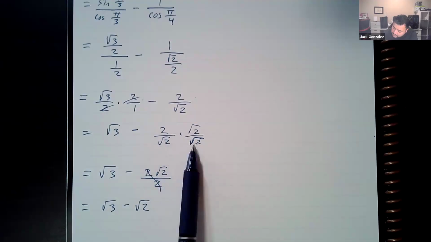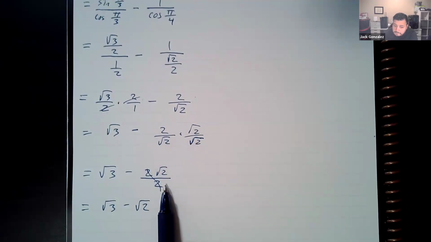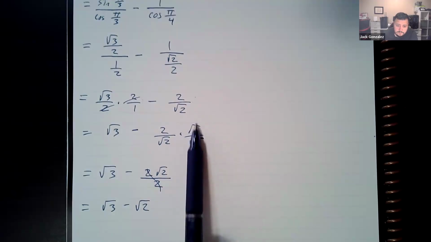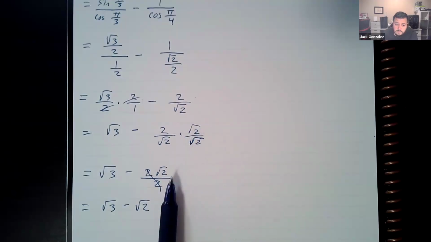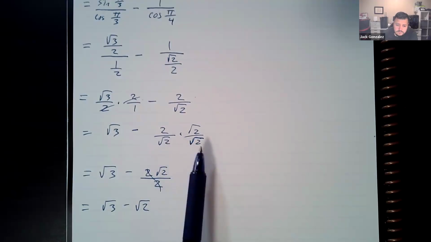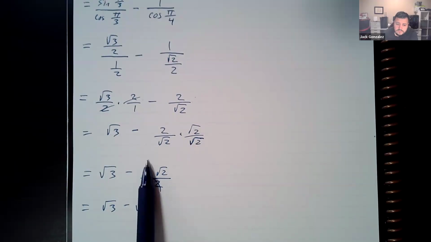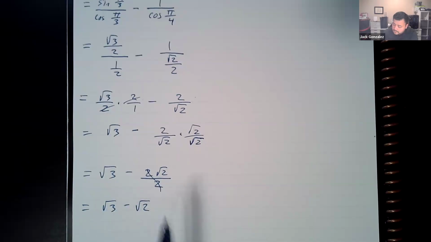When you square a radical, it ends up as a 2. That's why I introduced this, because we can always multiply by a form of 1. Square root 2 times square root 2 is square root 4. Square root of 4 is 2, so this cancels the other 2. So this is the pretty answer.